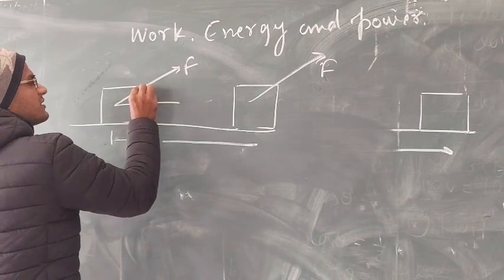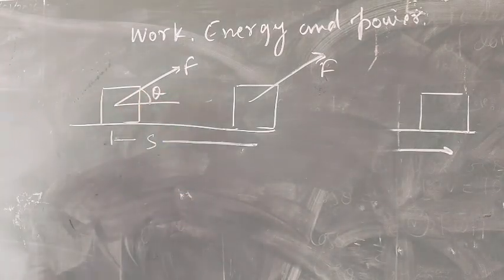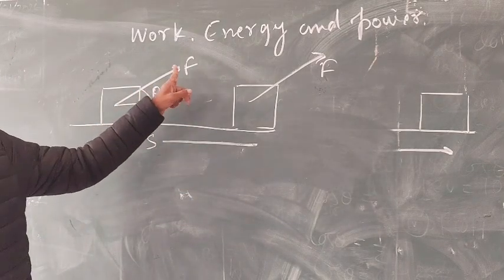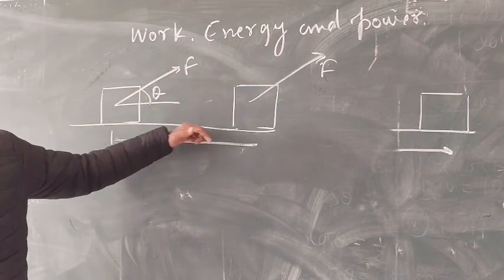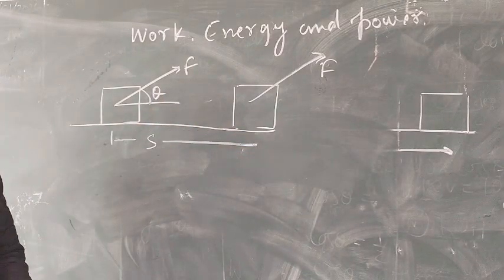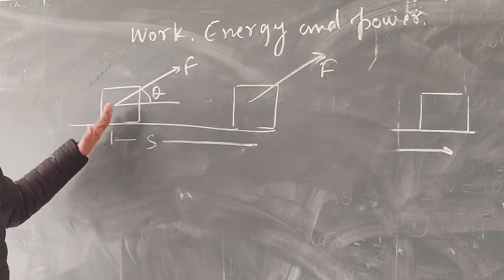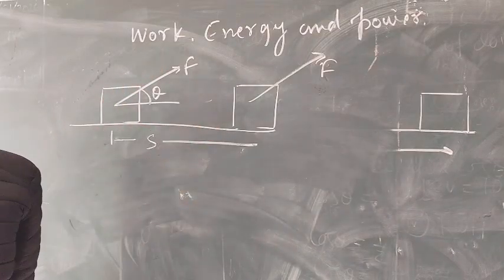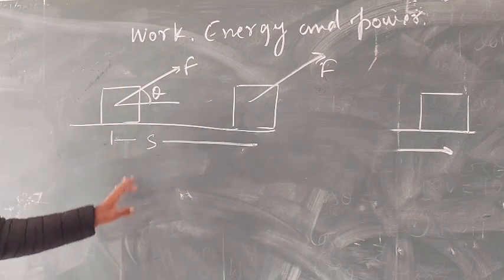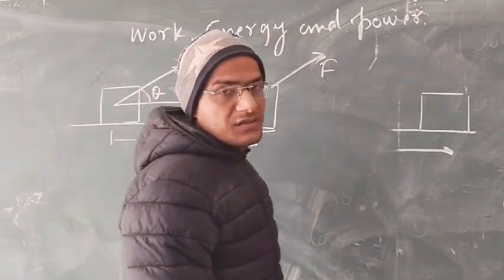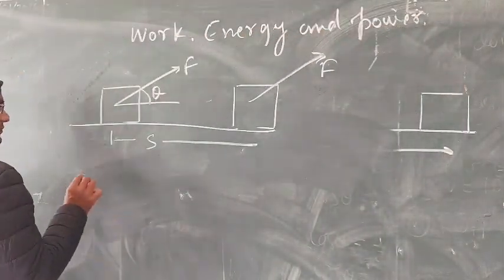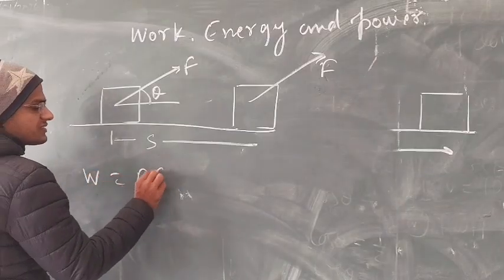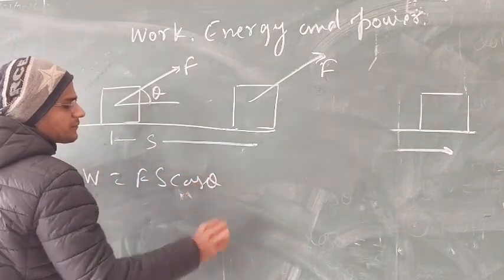Let this angle be theta. Here theta is the angle between force and displacement. Displacement is along the horizontal direction and force is making an angle theta with the direction of displacement. If the force is not in the direction of displacement, then the formula for work done is F S cos theta.